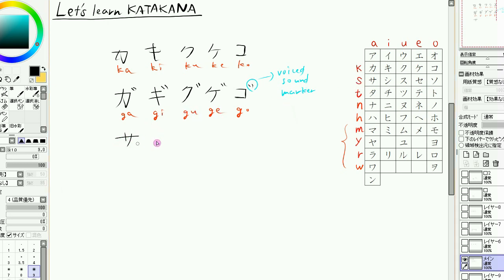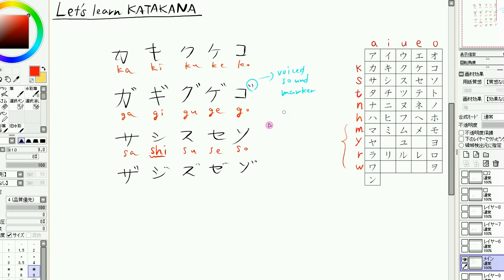So first you write sa, shi, su, se, so. So yeah, be careful on this shi. So if we put the voiced sound marker, that will be like this, this, this, and this, and this.